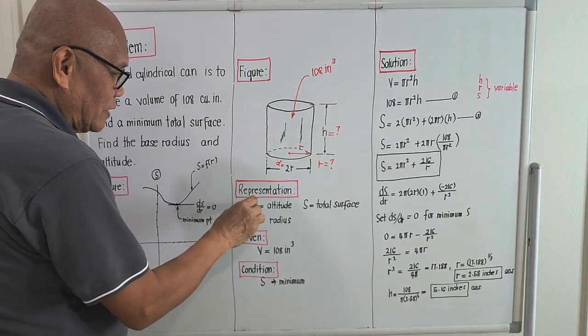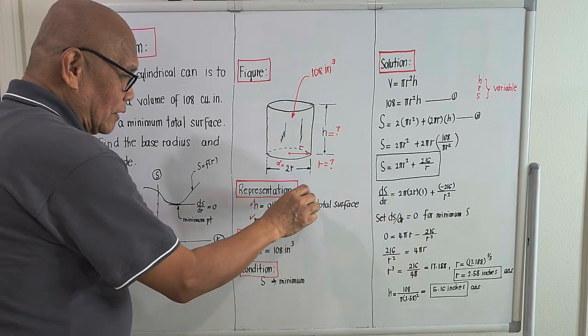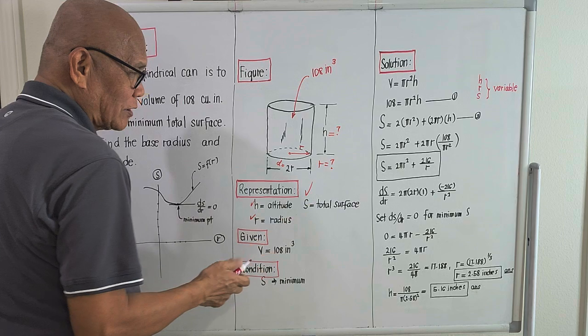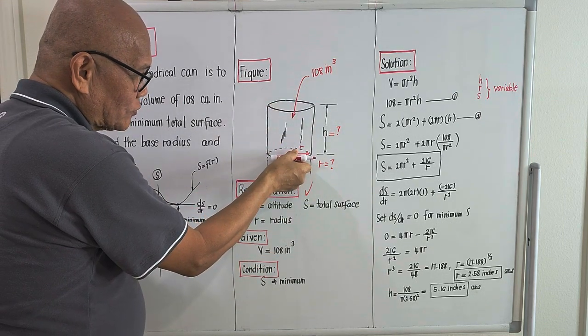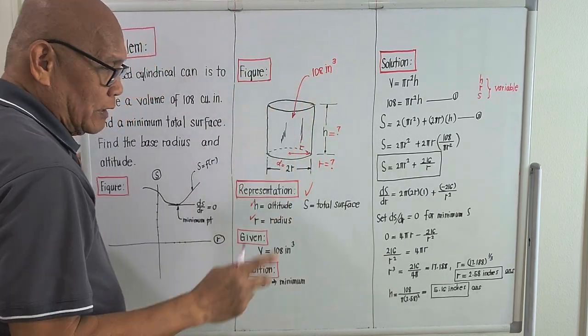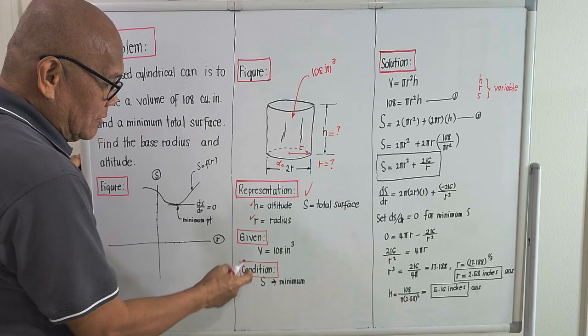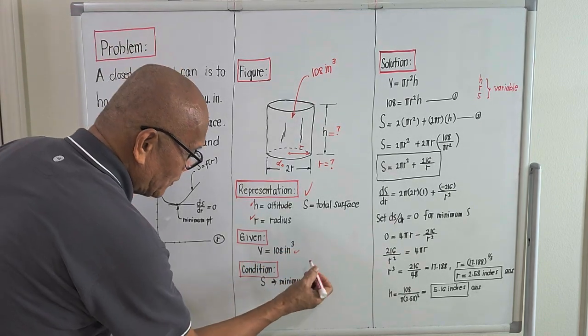Small letter h will be the altitude, small letter r will be the radius, capital letter S will be the total surface. Total surface means the area of the top portion plus the area of the bottom portion plus the area of the curved surface around. And what is given in the problem? The volume is 108 cubic inches. This is fixed.